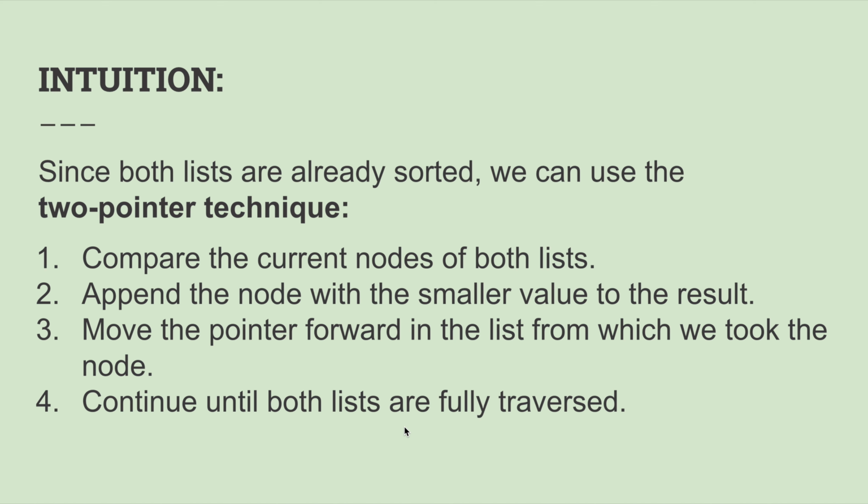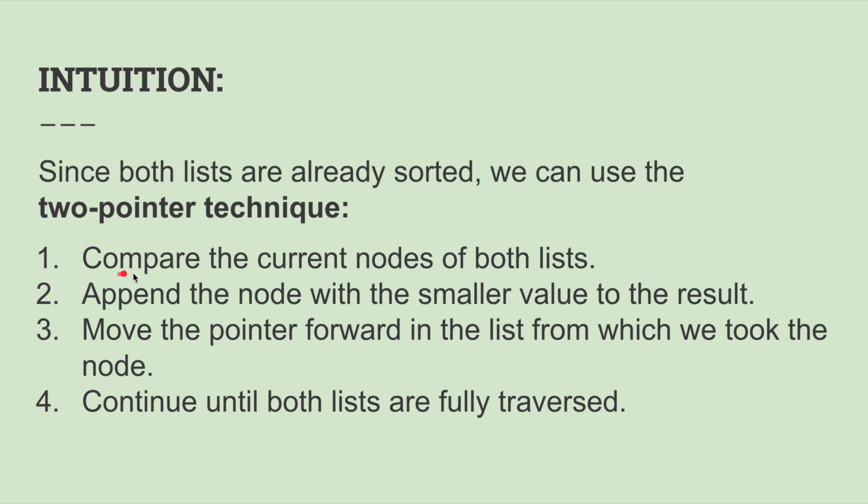You can pause this and go through the intuition, okay? So what the intuition is saying is that since both lists are already sorted, we can use the two pointer technique, right? If you have already watched the videos that I have uploaded in this playlist, you will understand what the two pointer technique is, okay? If not, let's understand.